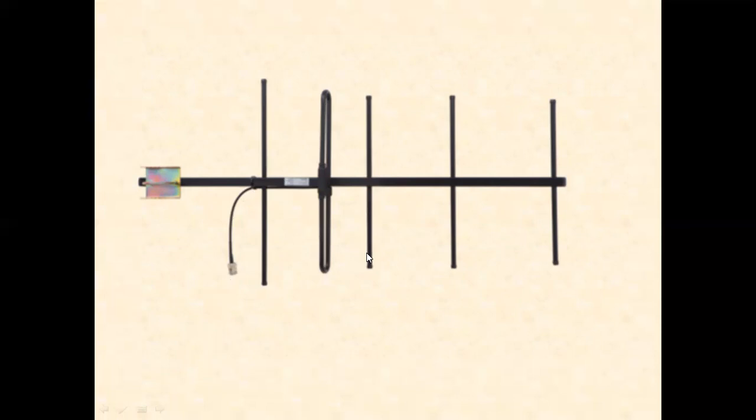It is a director which increases the gain in the favored direction. These are also called directors or other parasitic elements. They are providing maximum radiation in the favored direction. Since this cable is connected to the folded dipole, we call it the driven element.